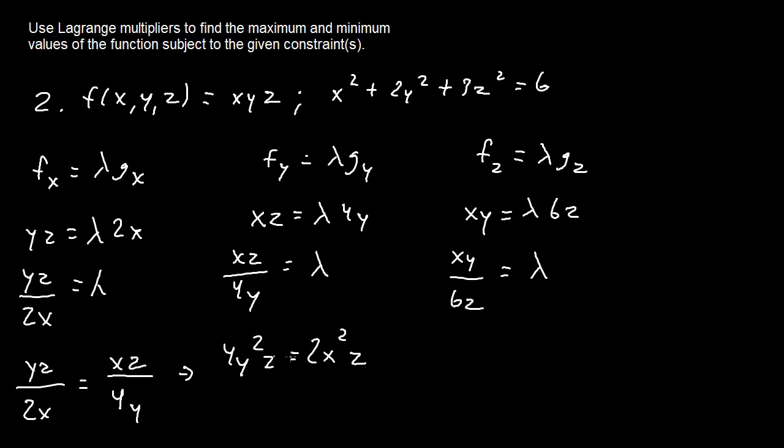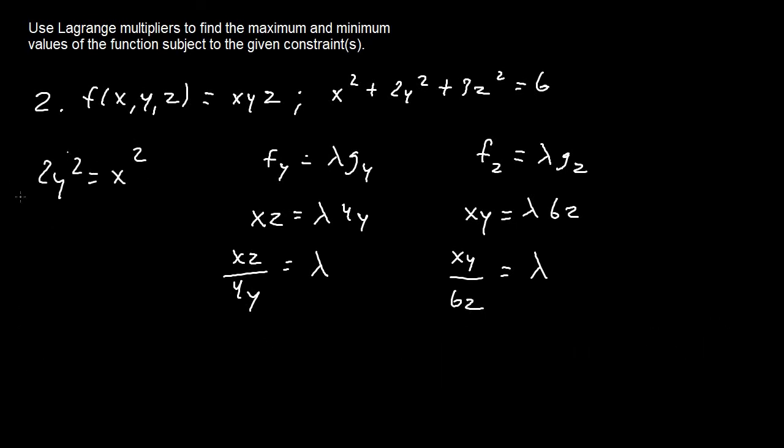So notice I can cancel out the z's from both sides. So then we'll get 4y squared equals 2x squared. So then if I divide by 2, we'll then get 2y squared equals x squared. So I'm going to go ahead and leave 2y squared equals x squared just like that for a second. I'll come back to it.